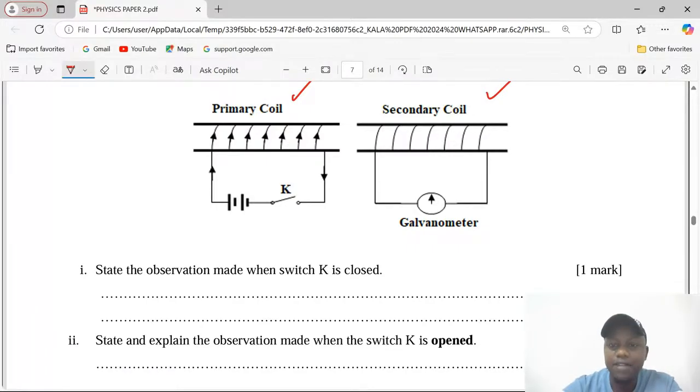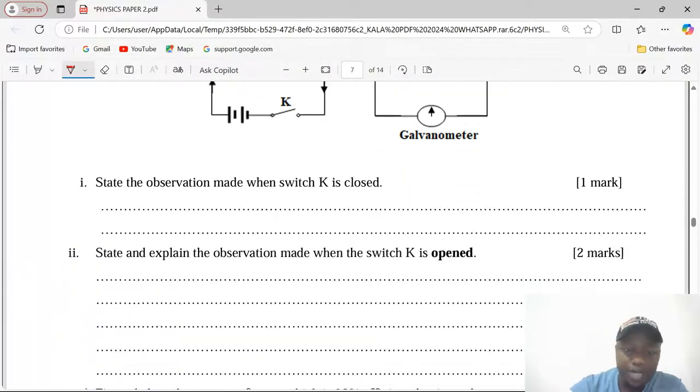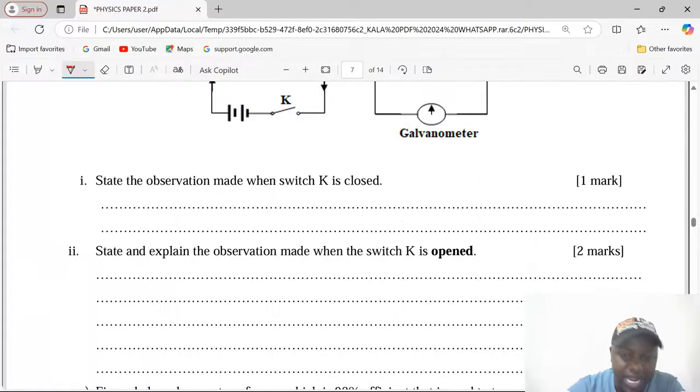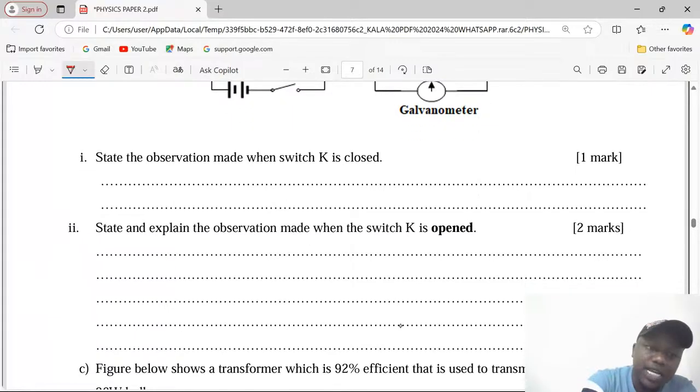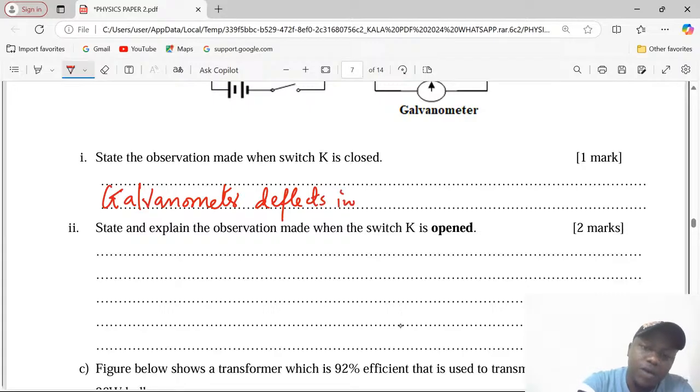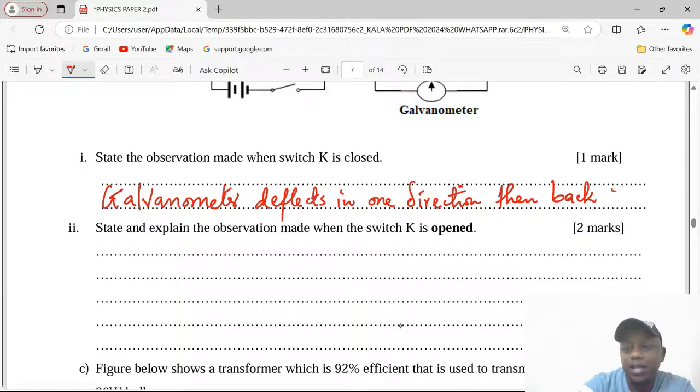Then we will have current flowing. The current flowing will be detected by the galvanometer. So you say that the galvanometer deflects in one direction then back to zero.